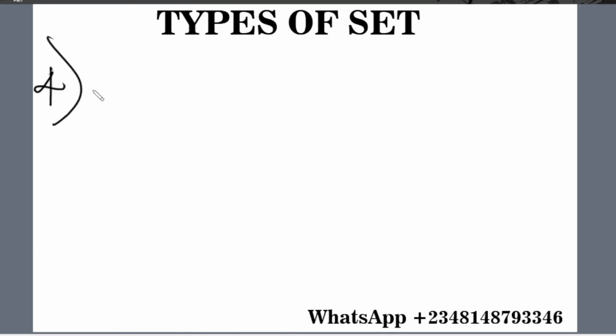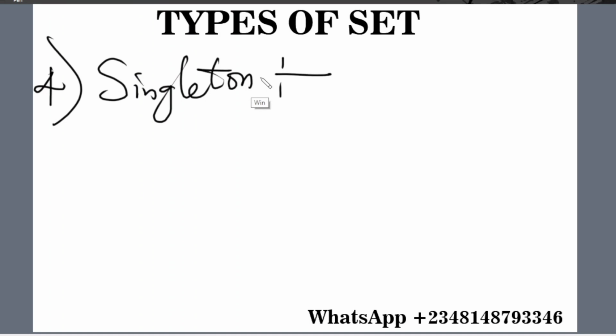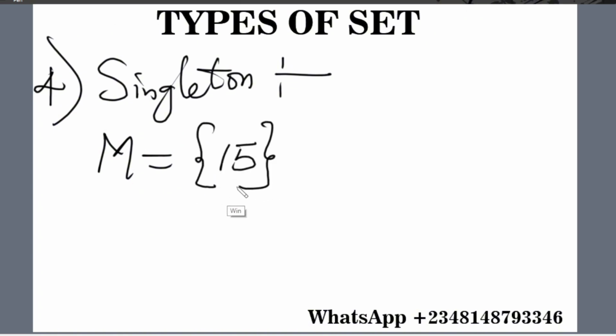Number 4, we have the singleton. What is a singleton? A singleton is simply a set that contains just one element. So we have here M equals, you open your curly bracket, 15, and then you close your curly bracket.